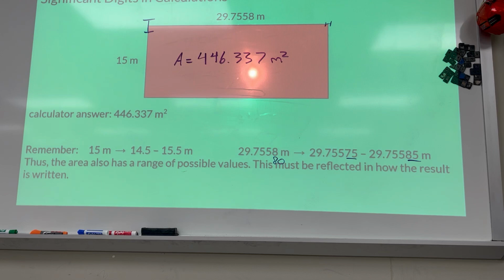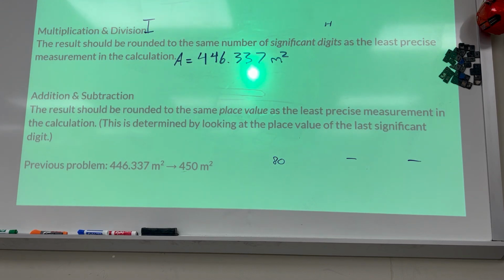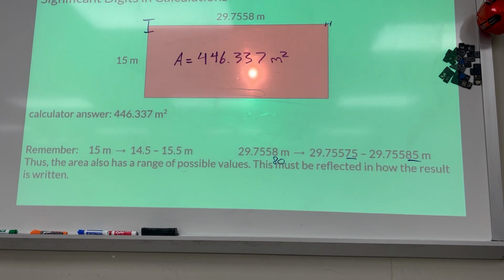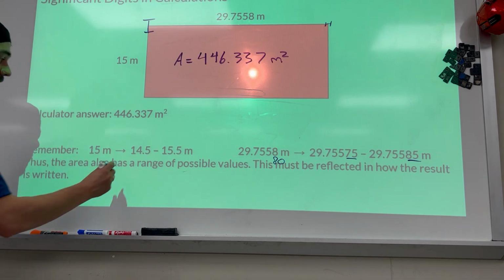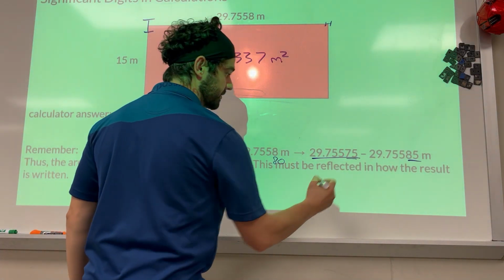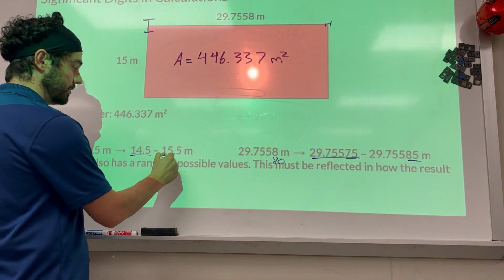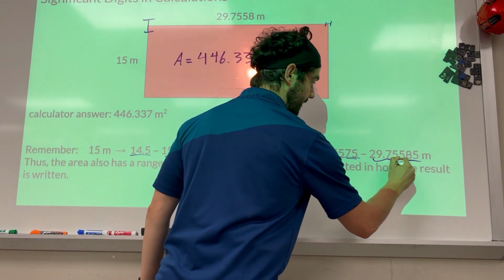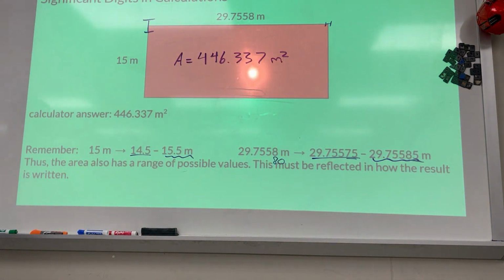The area has a range of possible values, and so the way we write this needs to be reflected. Yeah, because my area could be this small number times this small number, or it could be all the way up to the bigger number multiplied by the bigger number. So whatever those two products are is kind of my range there.